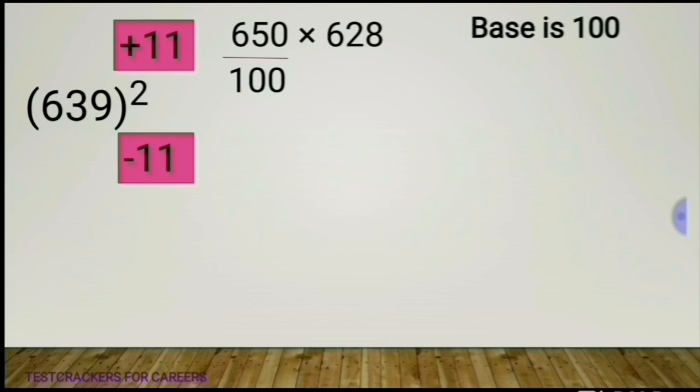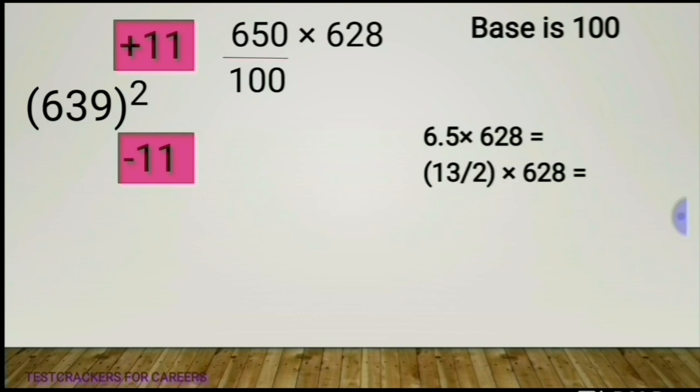The first part is got by multiplying 6.5 by 628. Let's simplify. We can write 6.5 as 13 divided by 2. We get 13 divided by 2 into 628. Now we divide 628 by 2 and we get 13 into 314.